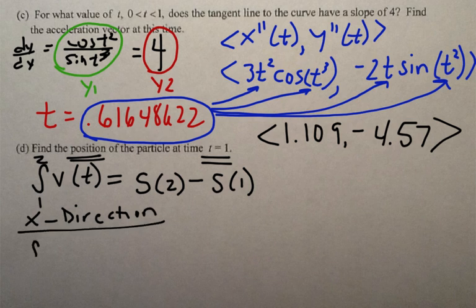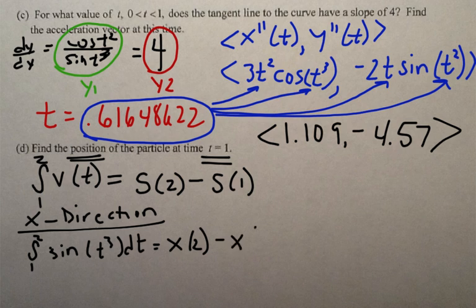So, integrate from 1 to 2. The velocity for x was the sine of t cubed dt, and that's going to give me my x position at 2 minus my x position at 1. Now, x position at 2 I know. It's 7. They gave me that in the problem. I'm wanting to know x of 1. Notice x of 1 is the only unknown in this problem now.